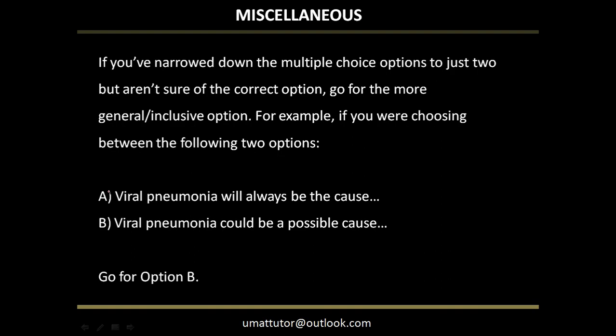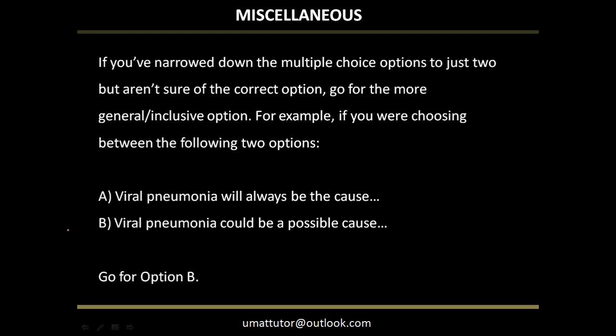Again, another tip for making intelligent guesses. If you've narrowed it down to a few multiple choice options, and you're not too sure, and you really have nothing to go on, go for the more general or inclusive option. So what I mean by this, if you've got the 2 options below, option A is very definite. It's saying this will always be the cause, nothing else will be the cause. It's absolute. Whereas B is more relaxed.